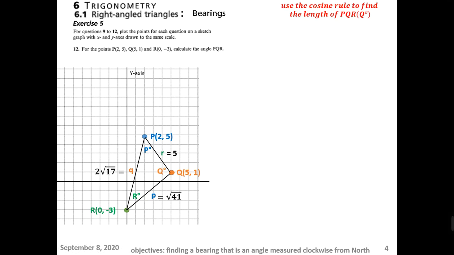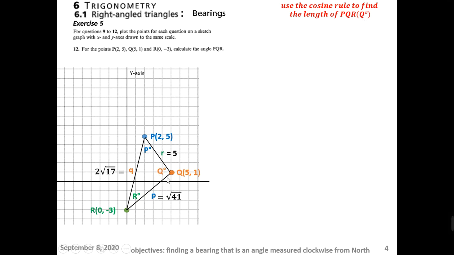Use the cosine rule to find the size of angle PQR, which is angle Q, or we call it angle capital Q.